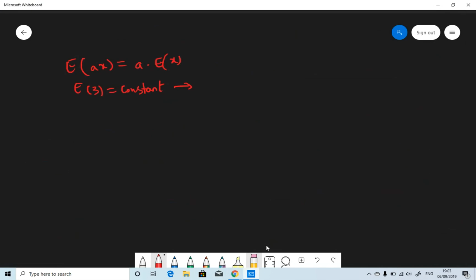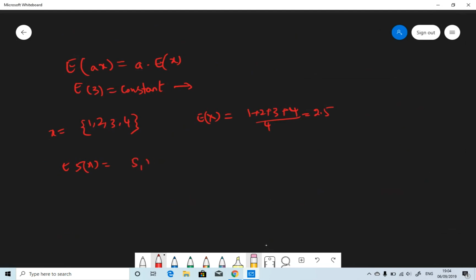Now, let us take an example of x. x equal to 1, 2, 3, 4, right? What is the expected value? It will be 1 plus 2 plus 3 plus 4 by 4. This is 2.5, right? So the expected value of 5 of x, now I am making it the expected value of 5x. What can we write it as?